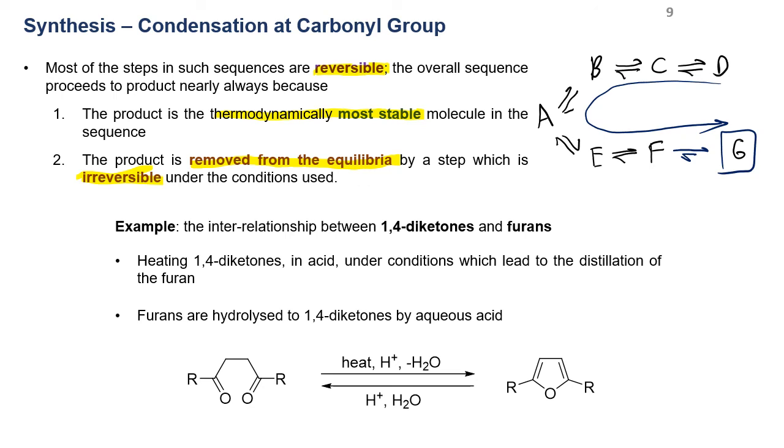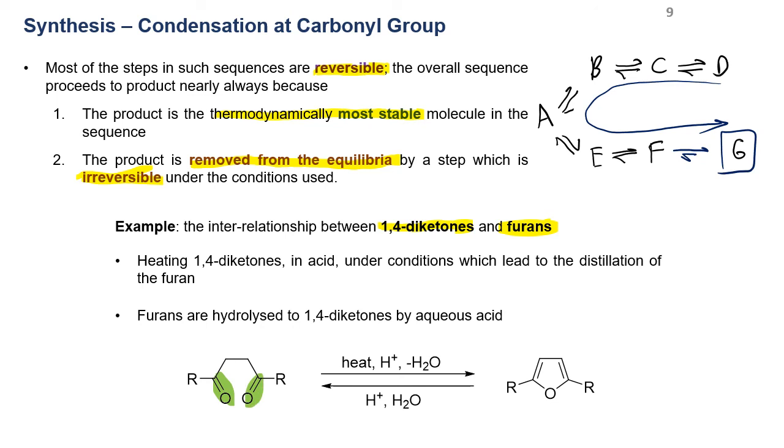If your product doesn't fall into these categories, then you get an equilibrium that can be adjusted by using Le Chatelier's principle. For example, the interrelationship between 1,4-diketones and furans. We know that 5-membered ring heterocycles can be synthesized from 1,4-diketones with a nucleophile.